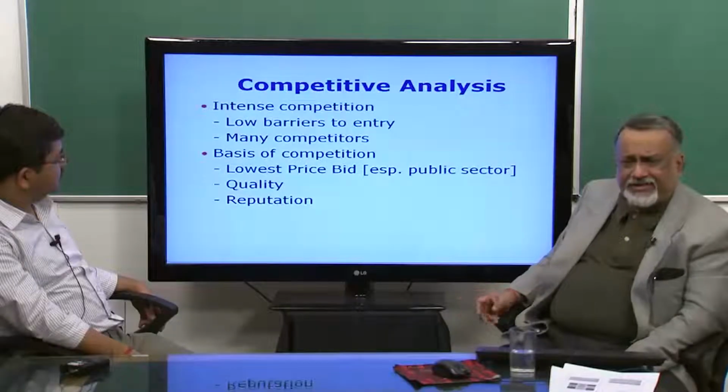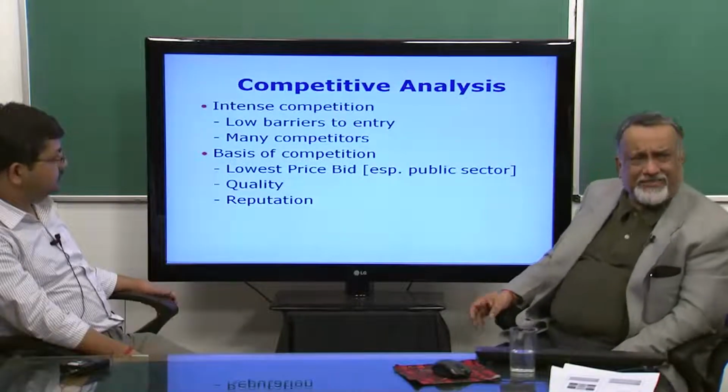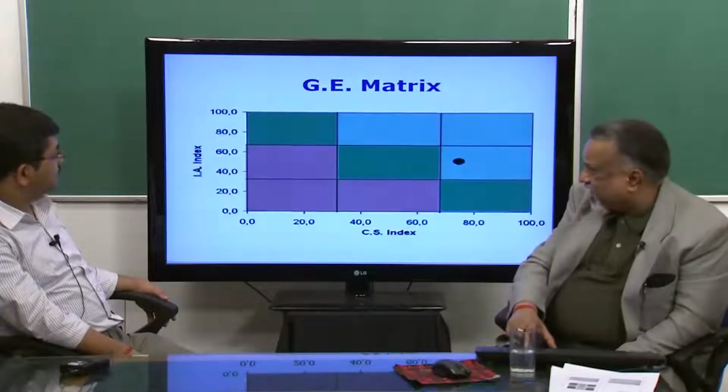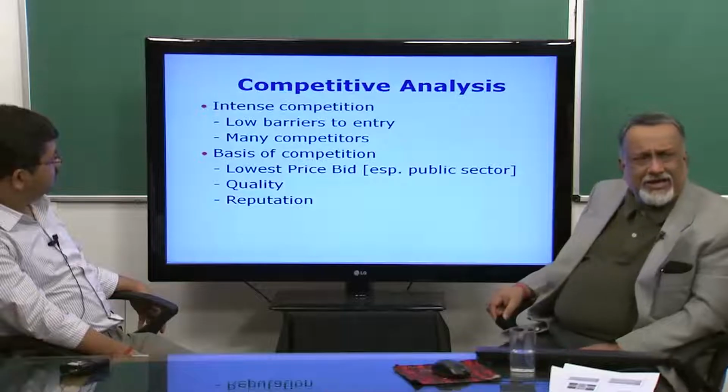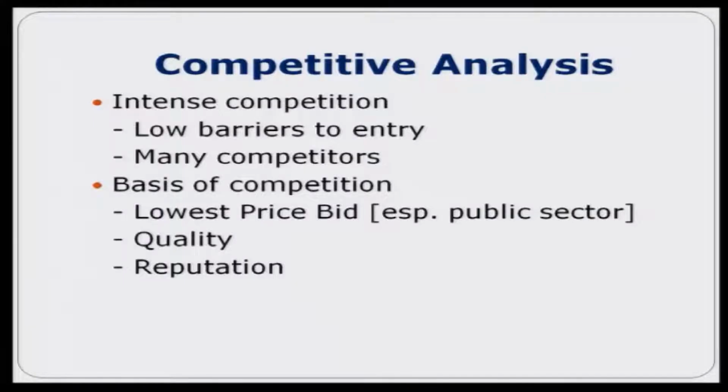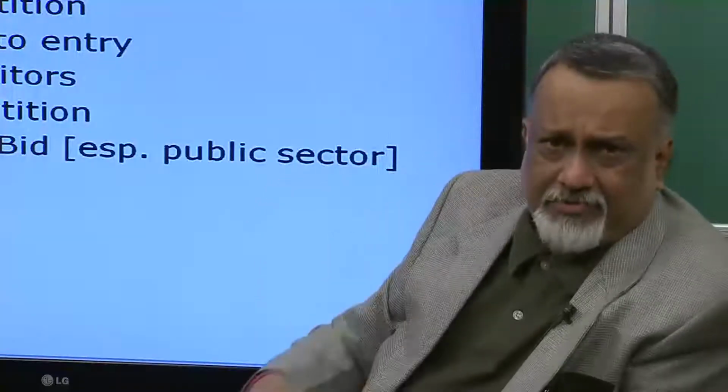If we summarize, put it qualitatively from this earlier chart, to describe the competitive situation of JC company, it shows that it is in an industry which is intensely competitive, with low barriers to entry, many competitors, and the basis of competition. Here we are bringing in more information collected from the industry.